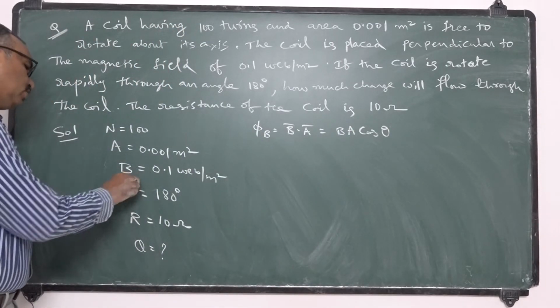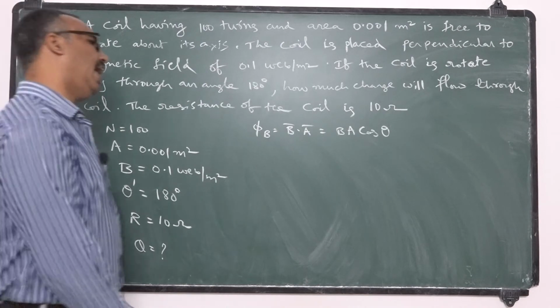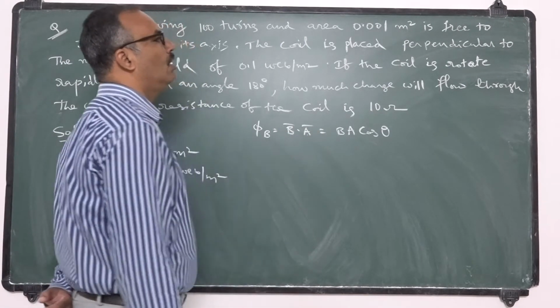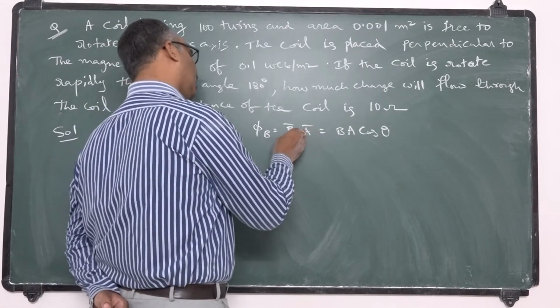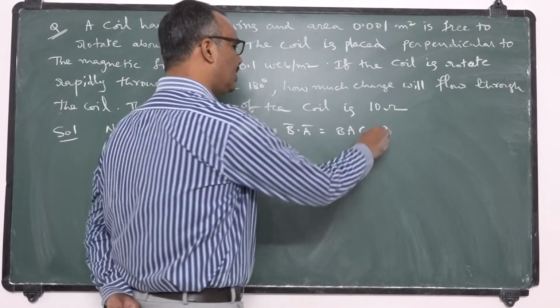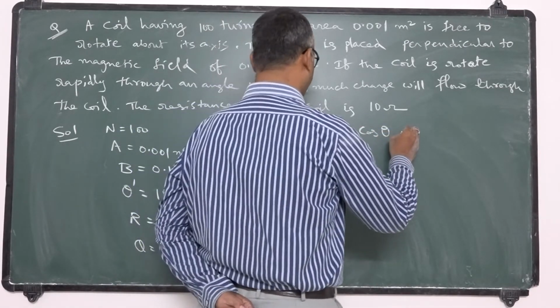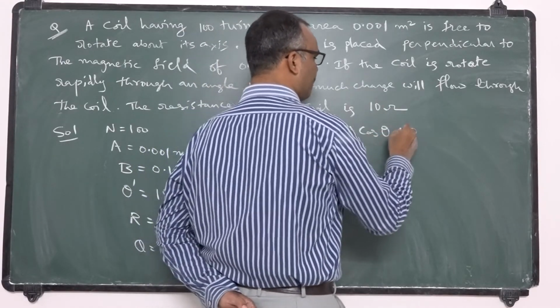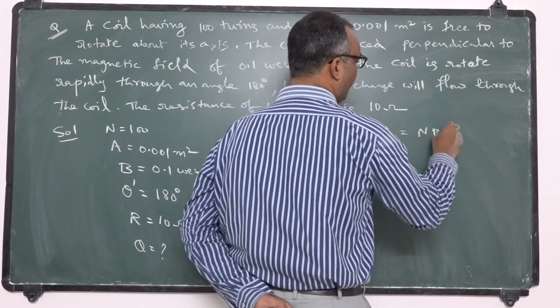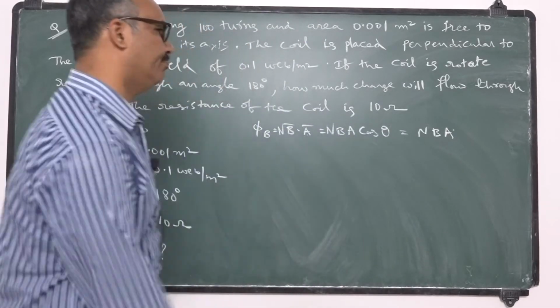This is the angle through which it is rotated. This is the angle between B bar and A bar. So the coil is placed perpendicular to the magnetic field. That means the area vector of the coil is parallel to B bar. So cos 0, this is BA. Here N turns are there, so NBA.